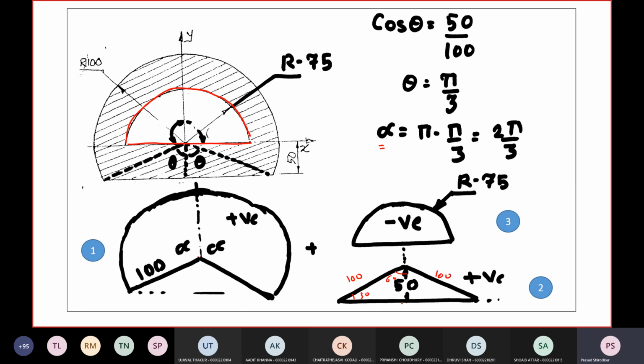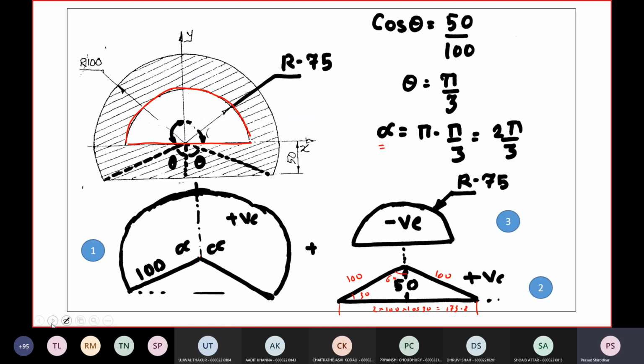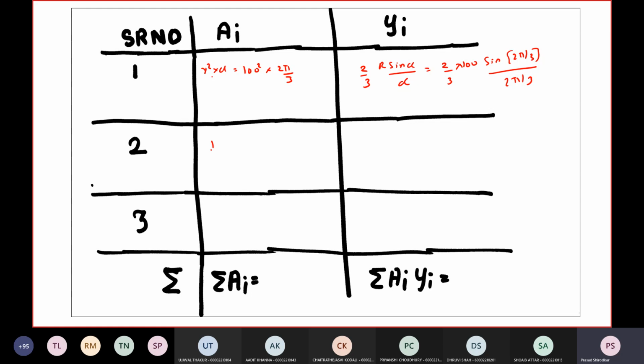So the total length will be 2 times 100 into cos 30, which comes out to be 173.2. So the area of this entire triangle will be half base into height, that is half into 173.2 into height 50.